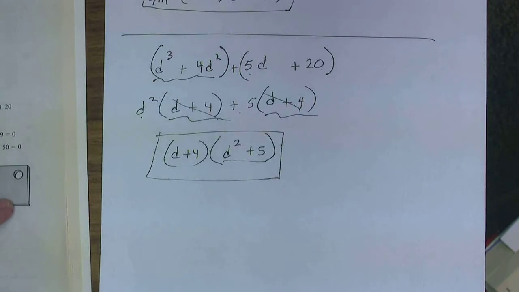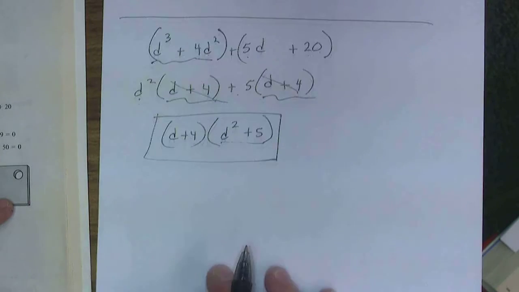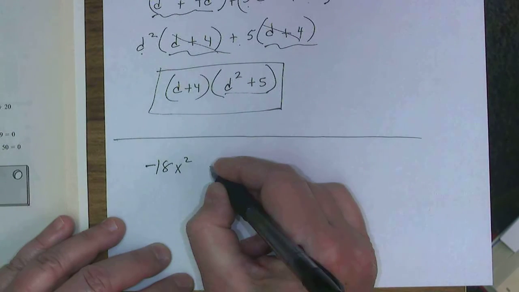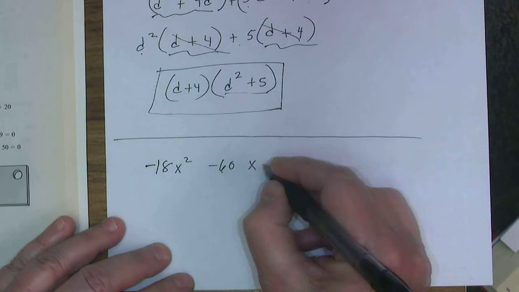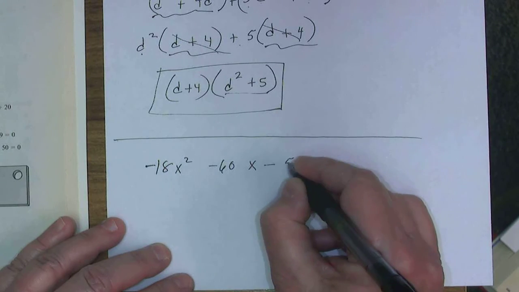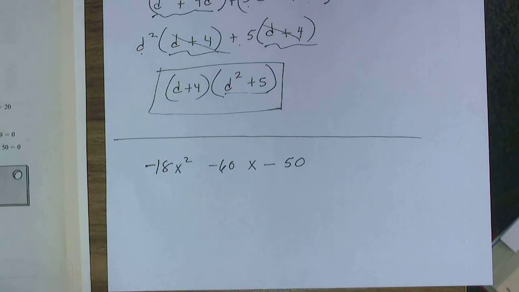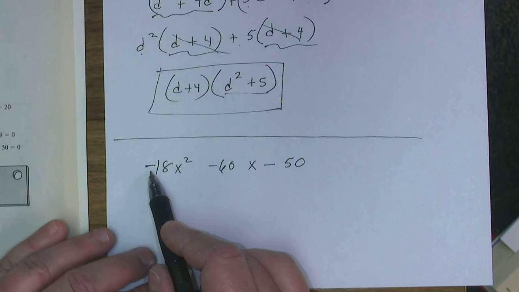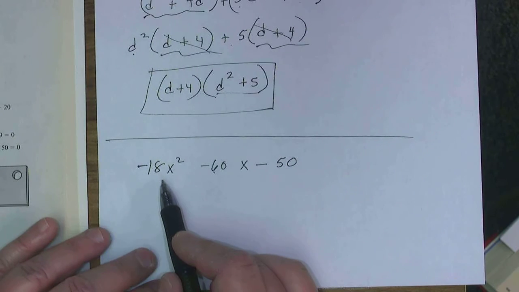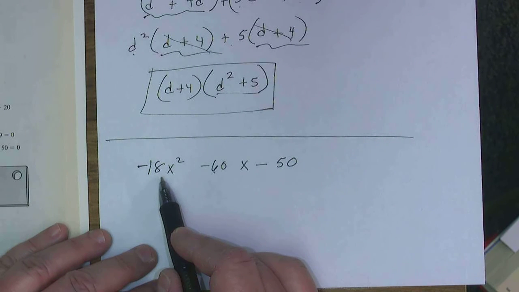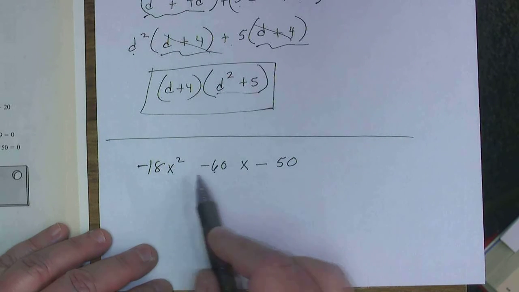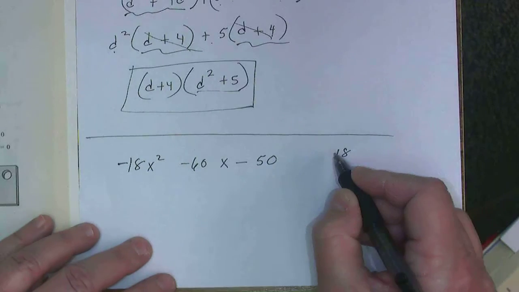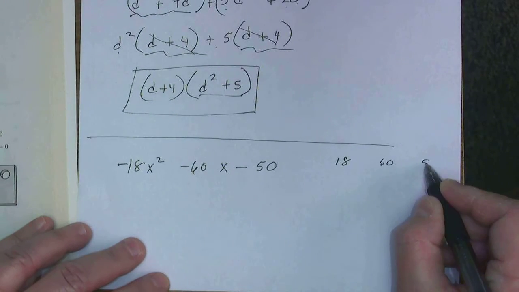When you have a problem like this, negative 18x squared minus 60x minus 50, and we want to factor that. Since we're leading off with a negative, we want to take the negative out, and we need a GCF of all of these numbers, 18, 60, and 50.